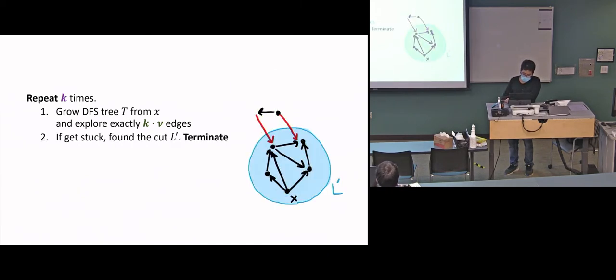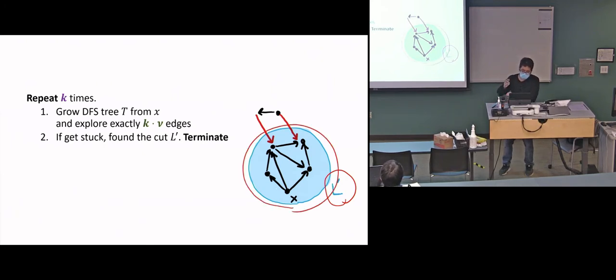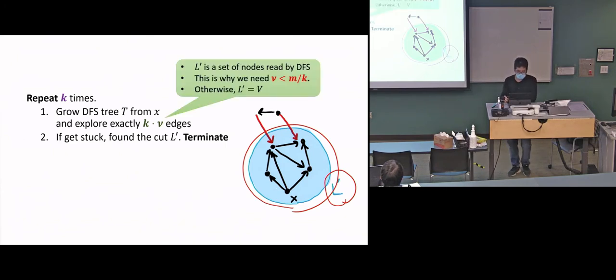And if I actually got stuck already, I will just return the set that we got stuck at. Like you cannot continue the search; you got stuck at some set, return that set. Ignore this for a bit. L prime is just the set of nodes reached by DFS. And ignore this for a bit.